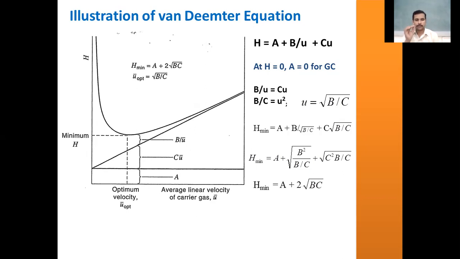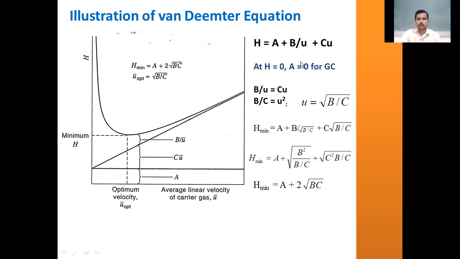If the packing material is consistently present in the column and all the particles are of uniform size, then there is no question of increased plate height. So eddy diffusion term A remains constant irrespective of the mobile phase linear velocity or average linear velocity of carrier gas, especially in gas chromatography.